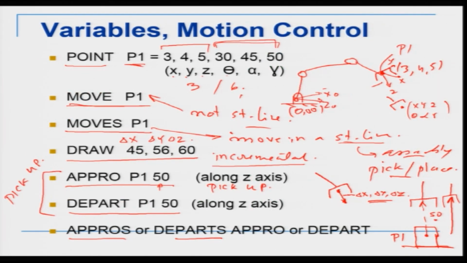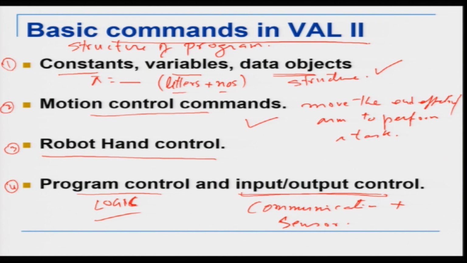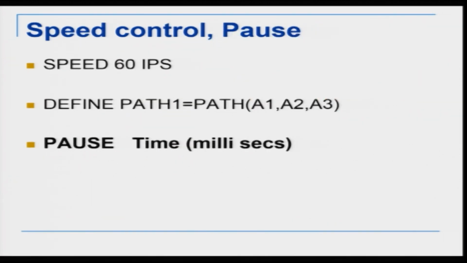So, this is the third part of our program. Robot hand control. So, we have seen variables, constants and data objects, we have seen motion control commands, we have looked at robot hand control, and what we are looking at now is program control and input output control. Now, program control would mean other parameters which require to be controlled. So, this is the speed at which the robot is operating, and this would basically mean 60 inches per second.